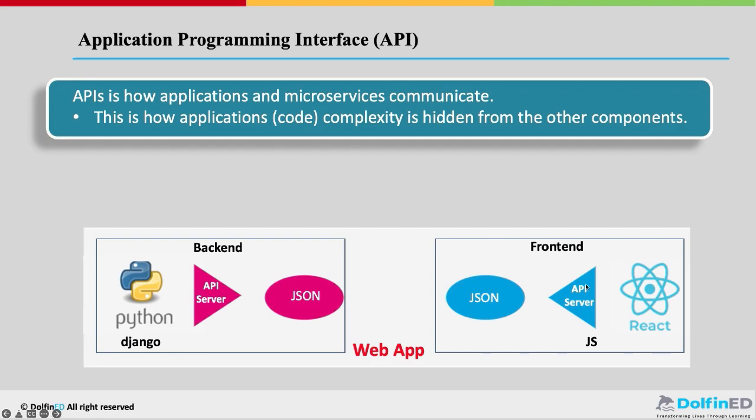We are going to have some sort of API functionality that is going to take care of that. So when we have something coming from Python, it's going to be translated into JSON, transferred, gets to the other side, gets understood, and then through the API server will be translated into JavaScript and the other way around. So APIs are always how we hide the complexities of the code and allow the different application components to communicate.